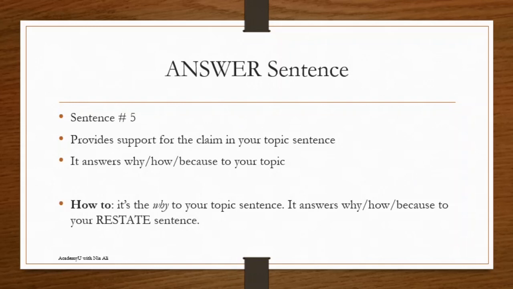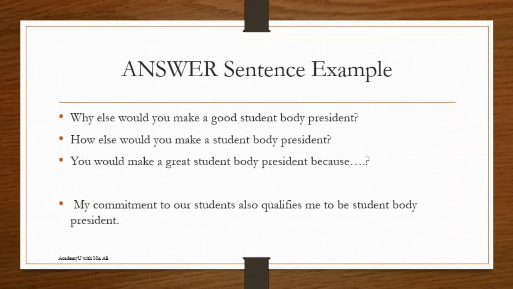This sentence supports your claim to make it true, and it answers why, how, or because to your topic. The difference between this answer sentence and the prior answer sentence is you just have to come up with another reason why to support your restate sentence. Let's take a look at that. You're going to ask yourself, why else would I make a good student body president?